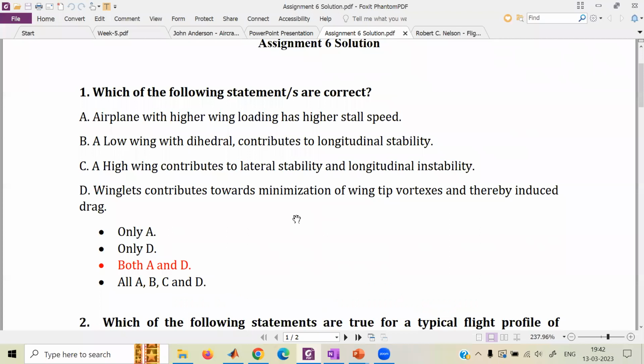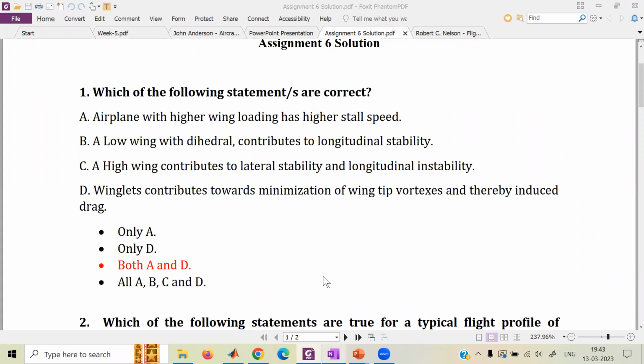Achut, can you tell us? Yes, sir. Because when we write this formula, Vs equals the square root of 2 into W by S by rho CL max. There we see that if the wing loading is higher, it is directly proportional to Vs, sir.